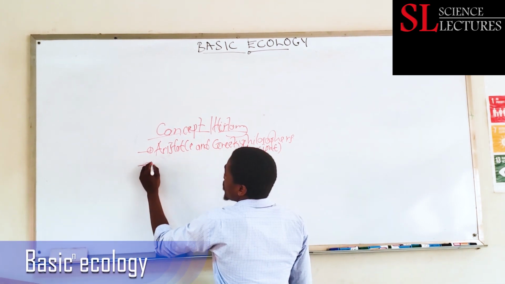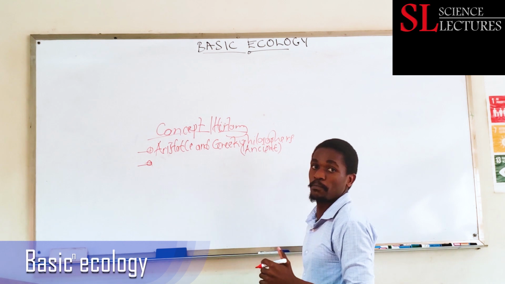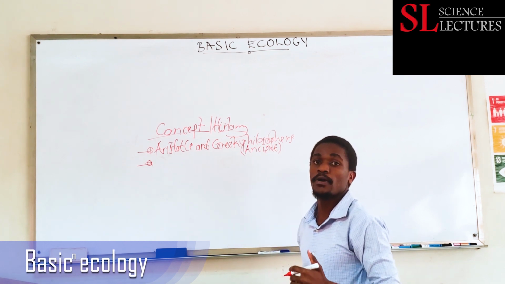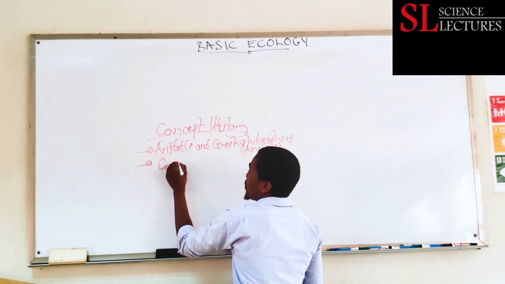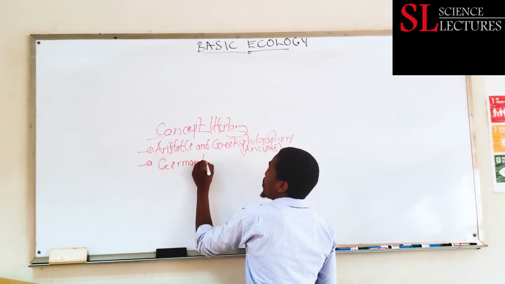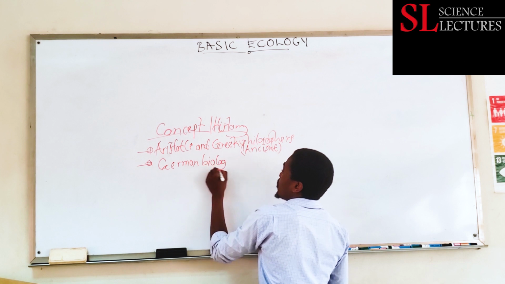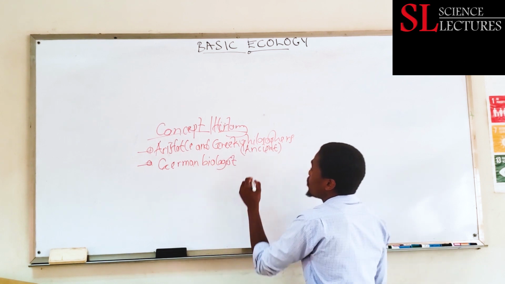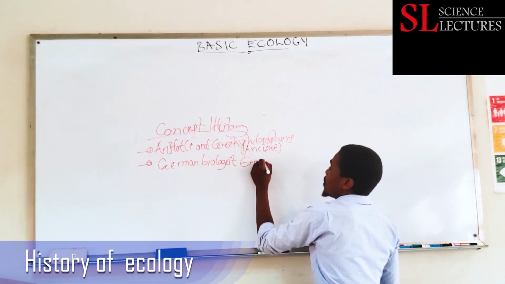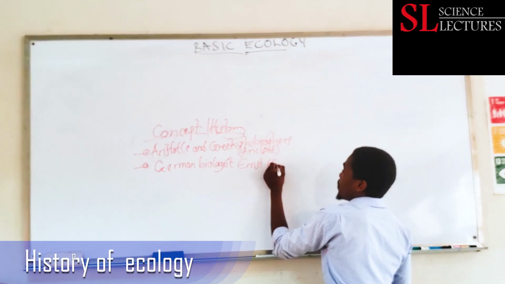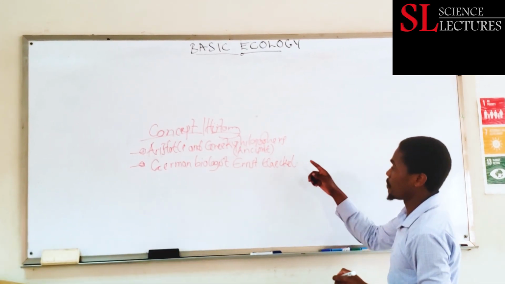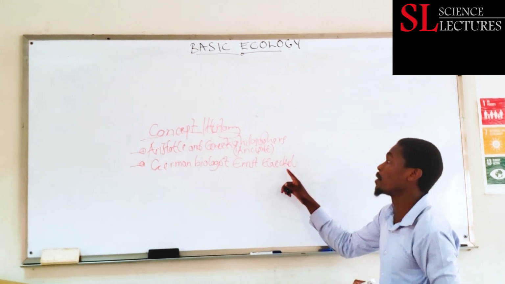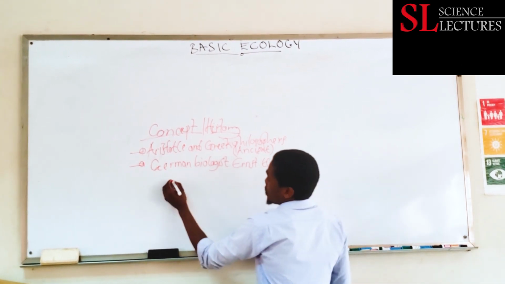Then we have the person who coined the term ecology, and this was a German biologist by the name of Ernst Haeckel. Ernst Haeckel is the father of the term ecology.